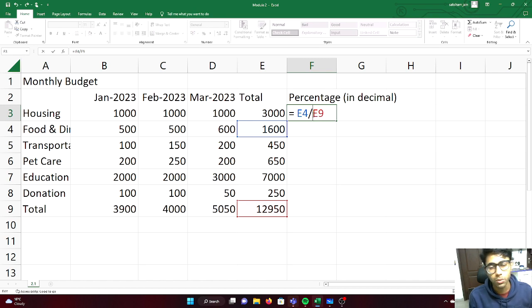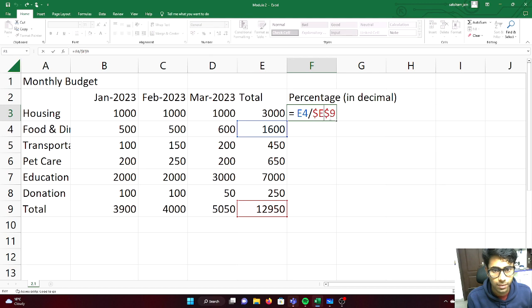So I am going to lock it. I am going to make sure that this cell is not going to change. By using the dollar sign, I have blocked the cell. This column can change for every row by using the concept of relative referencing, but this is not going to change.